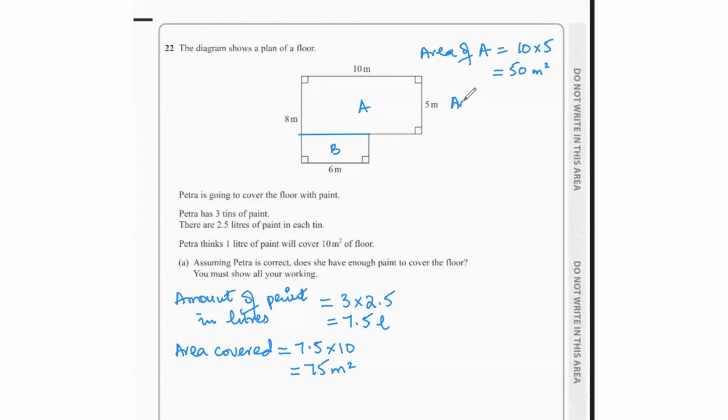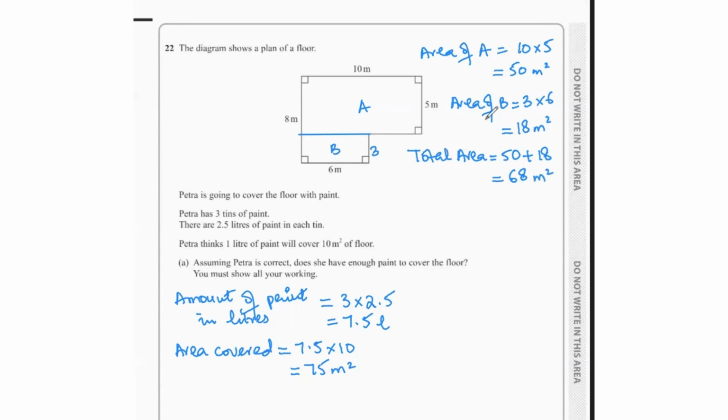And then area of B, if this is entirely 8 and this part is 5, so this is 3. 3 times 6, that's 18 meters square. So total area would be 50 plus 18, that's 68 meters square.